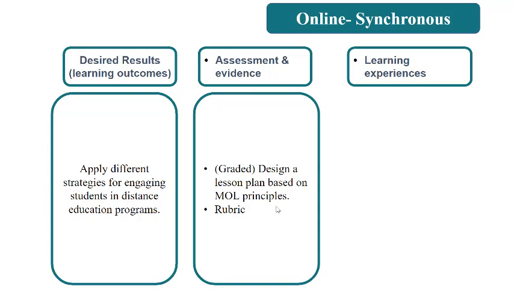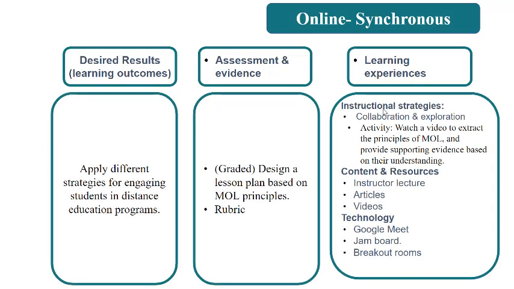And also there should be an alignment with the learning experiences. That means I need to determine the instructional strategies, for example, for collaboration and exploration, the activity: watch a video to extract the principles of meaningful online learning, and provide supporting evidence based on your understanding from the video.